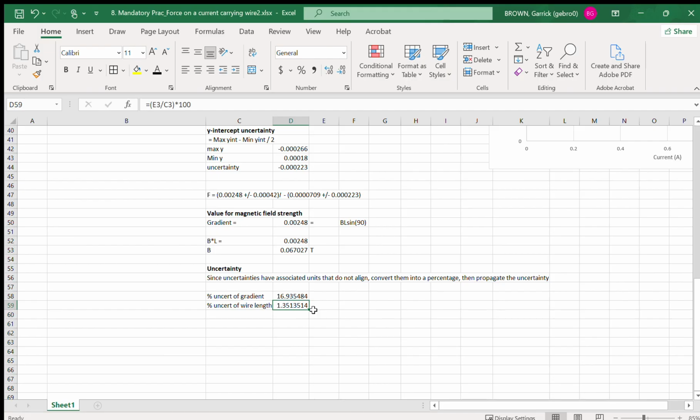And that's only 1%, and generally that's quite small. You can imagine though, if we were measuring something that was 2 millimeters, that percentage would be a lot higher.